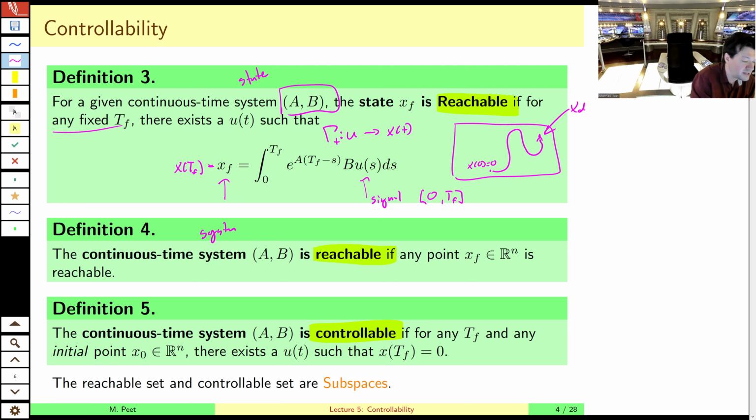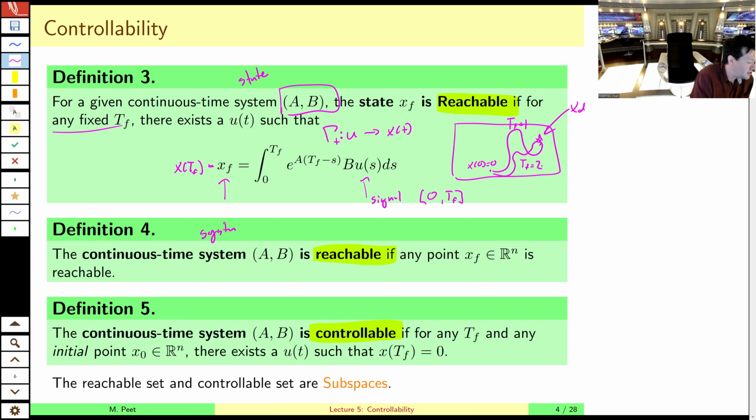And if you want to get there faster, there's a signal which will drive you there at any desired speed. So this is, say, tf equals 1, this is tf equals 2, and that applies to tf equals 0.00000001, for example. So that's reachability of a state. So we can get there.